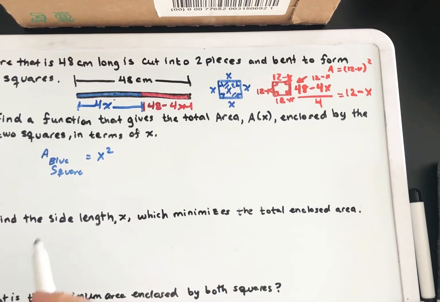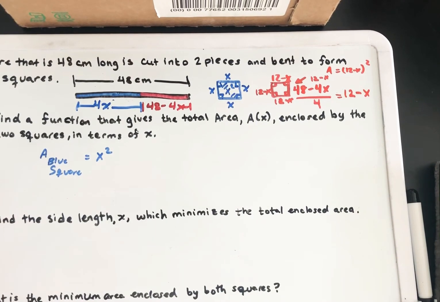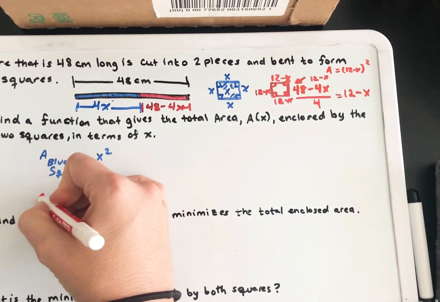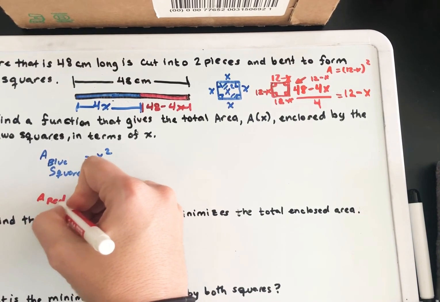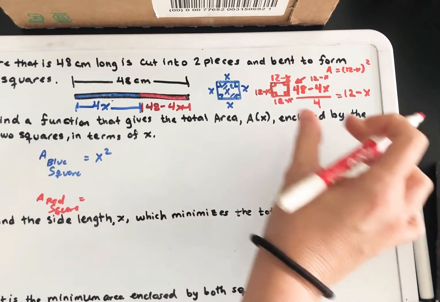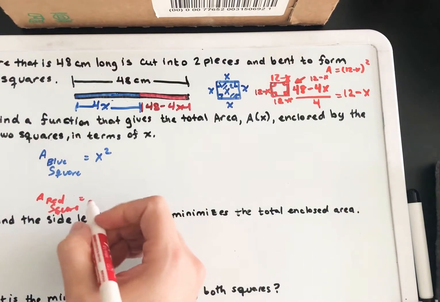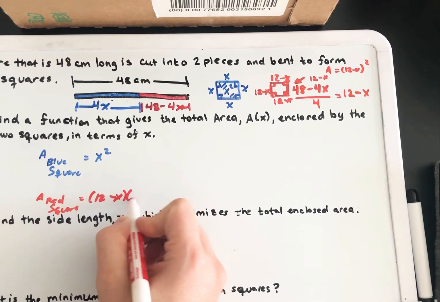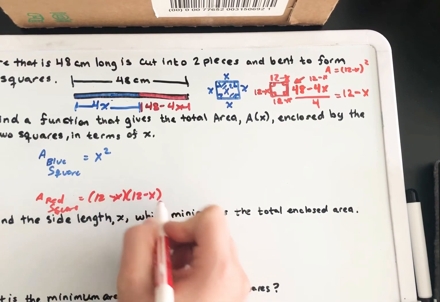X times x. And then your area of your red square would be side here times side here, or side squared. 12 minus x squared is really 12 minus x times 12 minus x, right?